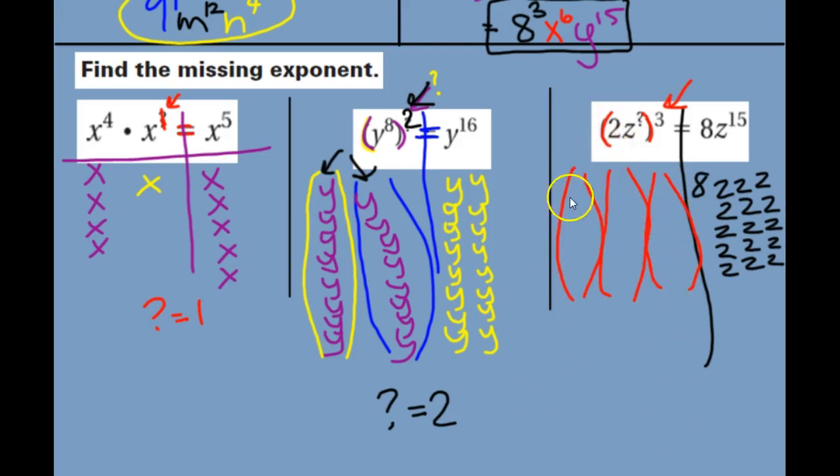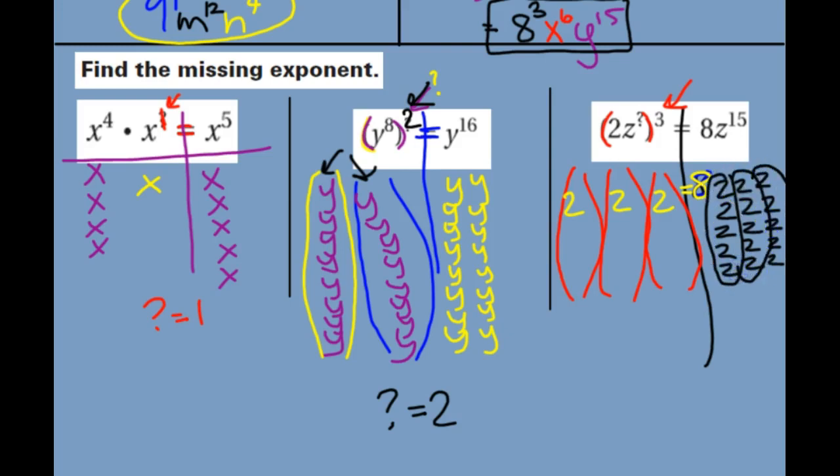So I know that there's a 2 in each group, and we know we need some sort of z's. Well, I know 2 times 2 is 4, times 2 is 8, so we did get this 8, that's good. We multiply 2 times 2 times 2, we get 8, that'll work. But we need how many z's in each group to get to 15 total? Well, if you look, I happen to write mine in groups.